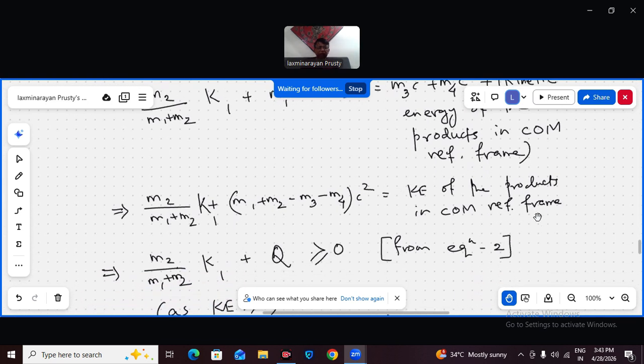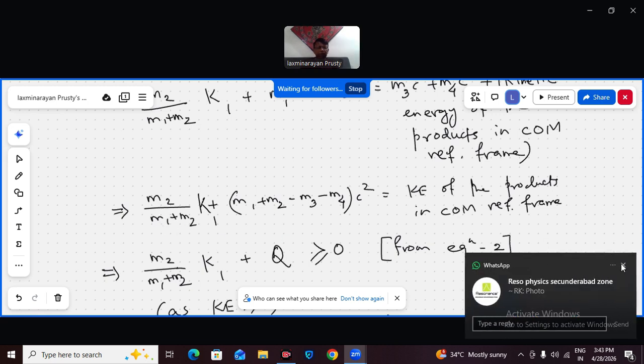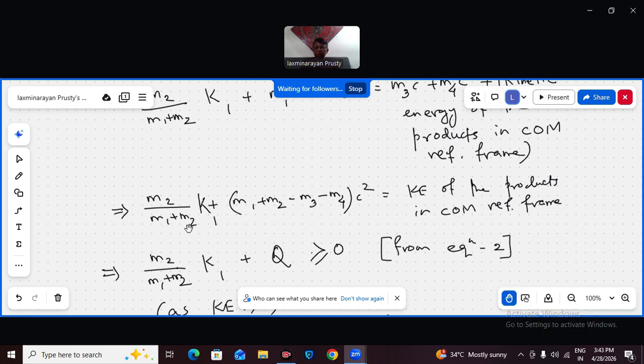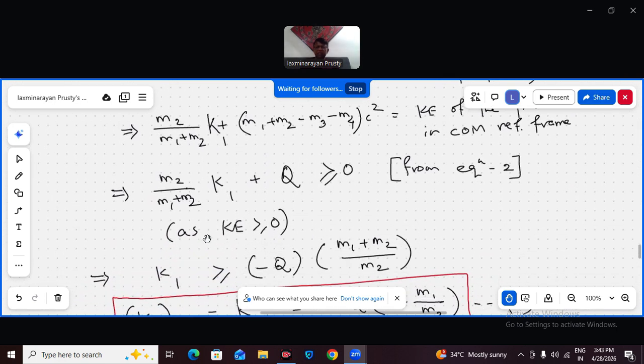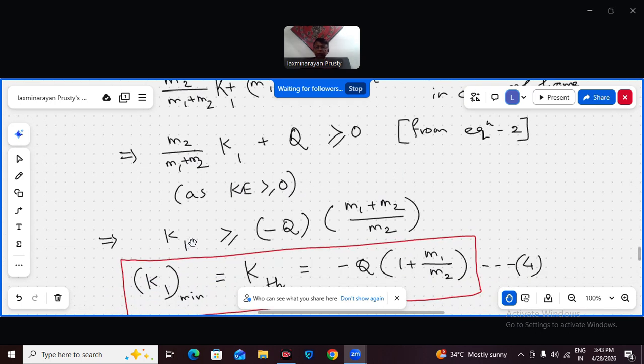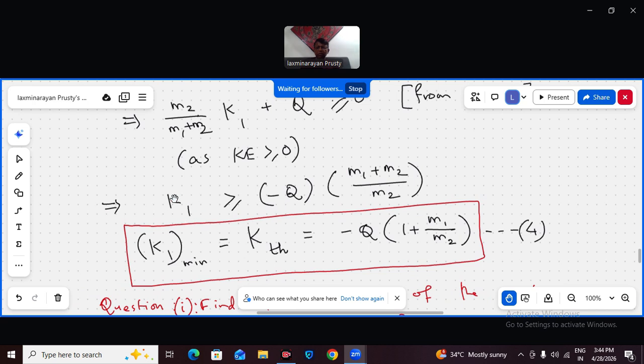Whatever the reference frame may be, K is always greater than or equal to 0. The right hand side is greater than or equal to 0. The left hand side is M2 by M1 plus M2 into K1 plus Q, which is greater than or equal to 0. So K1 must be greater than or equal to minus Q into M1 plus M2 by M2. So K1 minimum must be this.